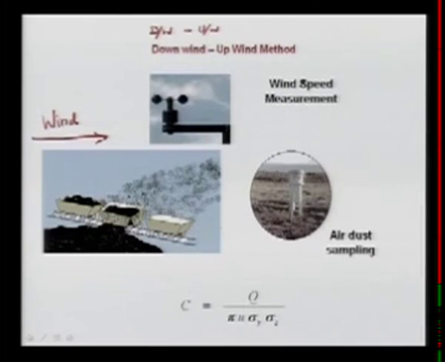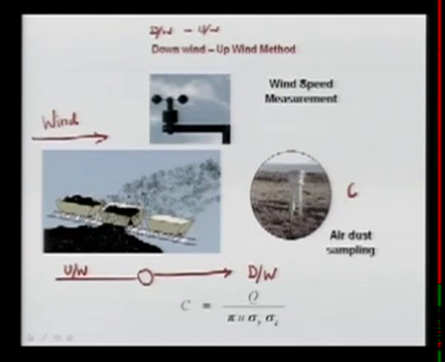This side is your downwind, and this side is your upwind. The emission is impacting the downwind side, so you can measure the concentration here.